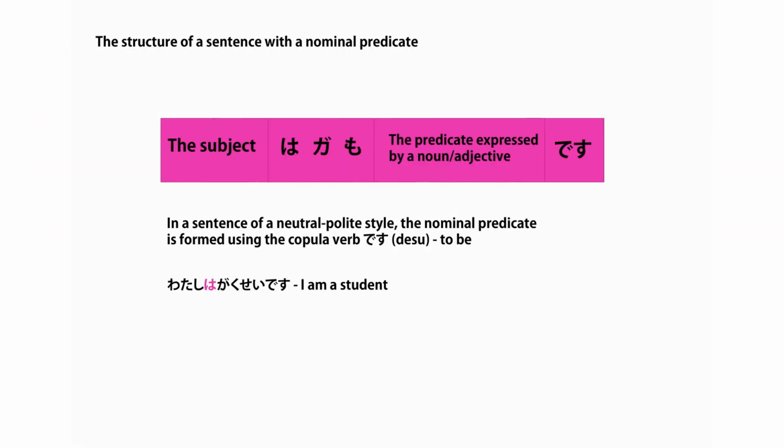In a sentence of a neutral polite style, the nominal predicate is formed using the copula verb de. The nominal predicate can be expressed by a noun with the copula verb or an adjective. When the nominal predicate is expressed by a noun, the polite conversational style should use the copula de. Please note that it is written as de and pronounced as desu.